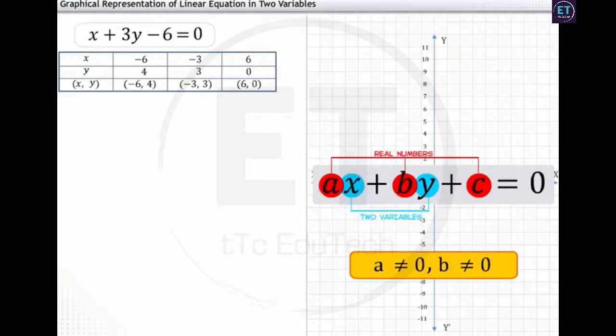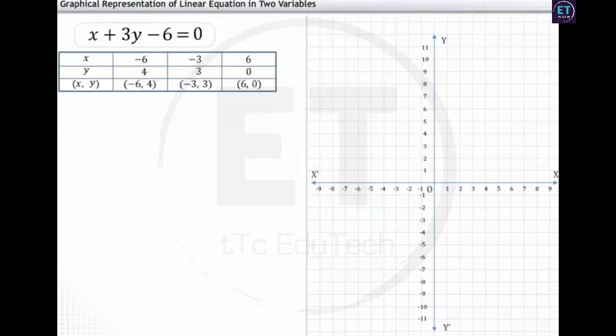The values of x and y are represented as an ordered pair. In this case, the ordered pair minus 6, 4 is a solution of the equation x plus 3y equals 6.